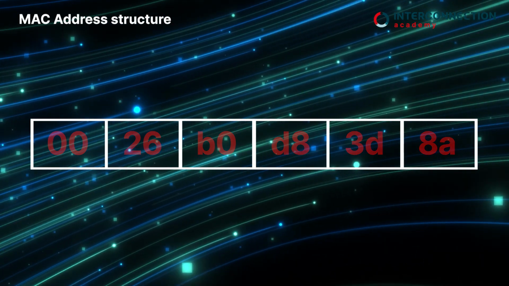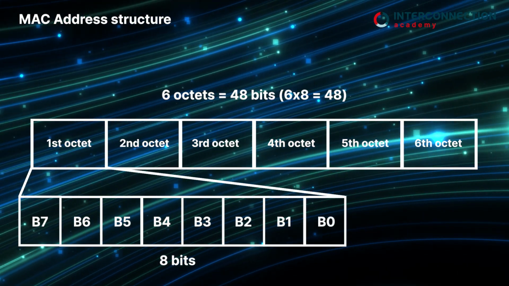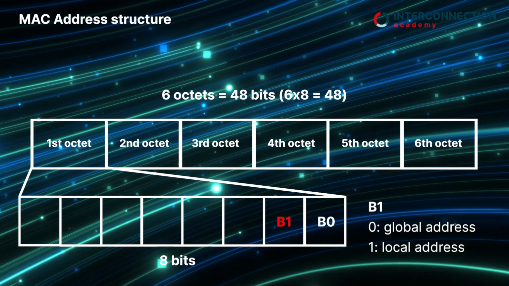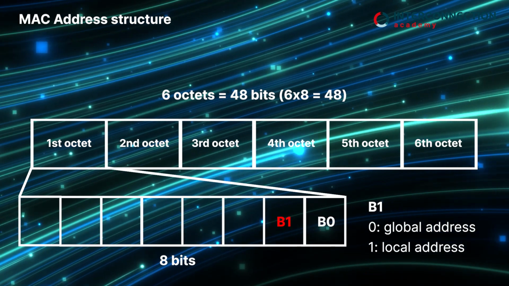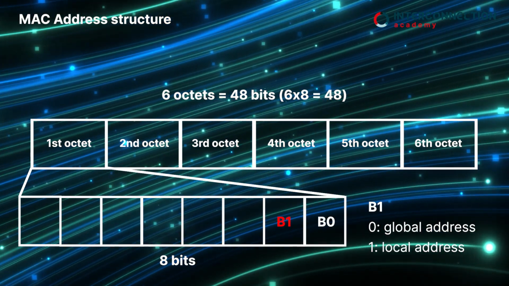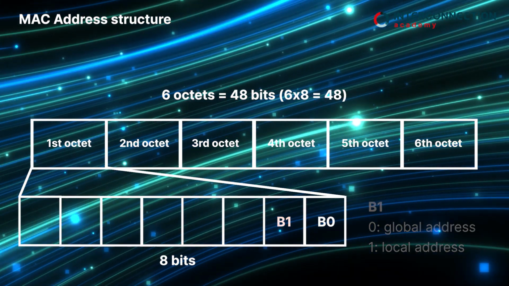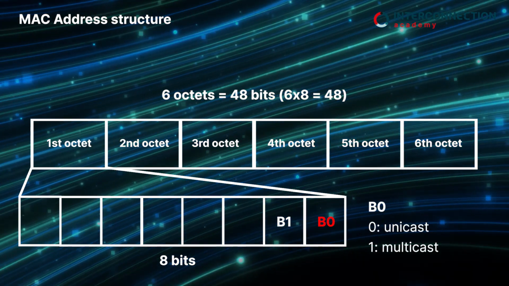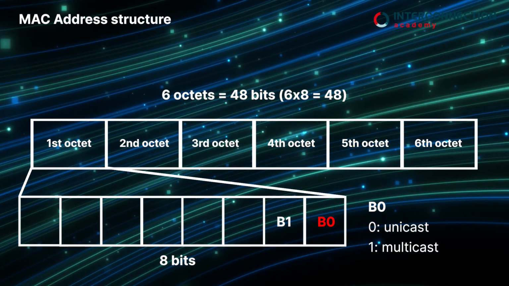Within the address field, 2 bits have special meanings. The first bit distinguishes between global and local addresses, enabling the assignment of self-assigned Ethernet addresses. The second bit indicates whether the frame is intended for a unicast or multicast transmission.